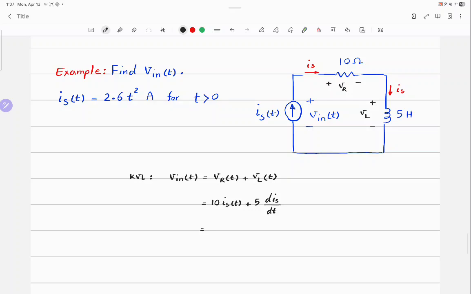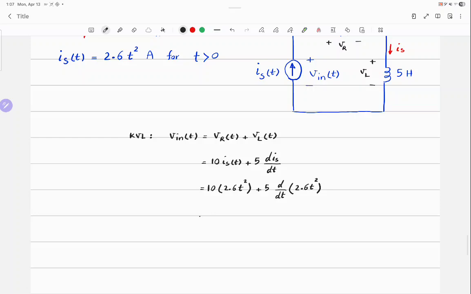IS is 2.6 t squared, so it's 10 times 2.6 t squared plus 5 d over dt of 2.6 t squared. What's the derivative of 2.6 t squared? It's 5.2 t. So it's equal to 26 t squared plus 26 t.